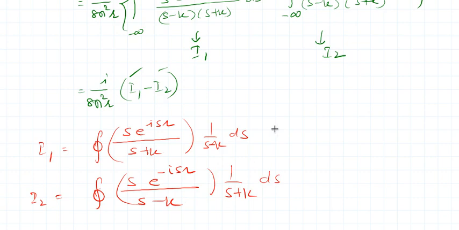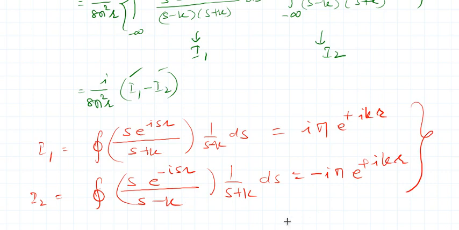They are standard integrals, and using contour integration I1 comes out to be iota pi e raised to power iota kr, and this integral I2 will be minus iota pi e raised to power iota kr. These are the standard integrals. You can use these results directly, or you can solve them using contour integration.